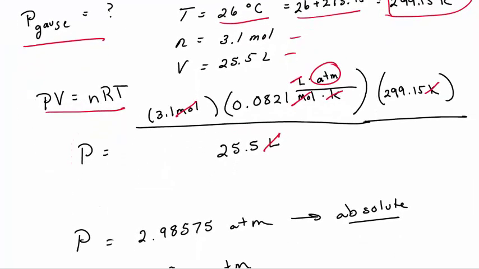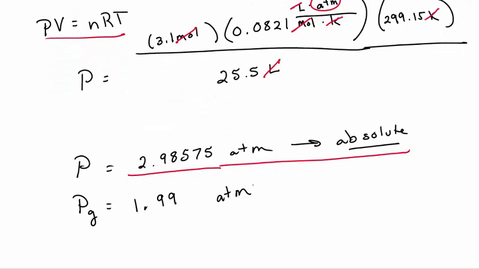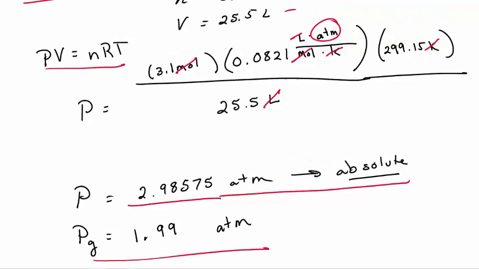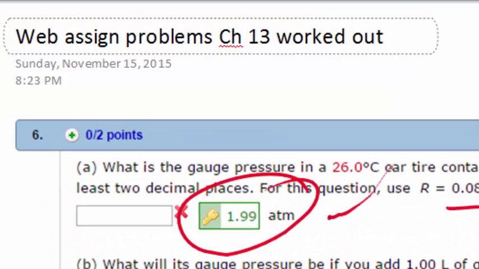I work it out, keeping everything in place, and I get 2.98575 atmospheres. Remembering that that's absolute, I just take one atmosphere away and then round it to sig figs, and I get 1.99 atmospheres. I double check my answer by copying it into the answer box, and that's good. So I'm looking good there.